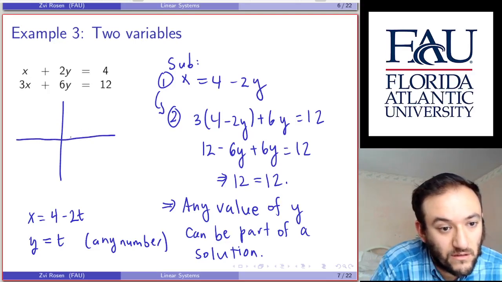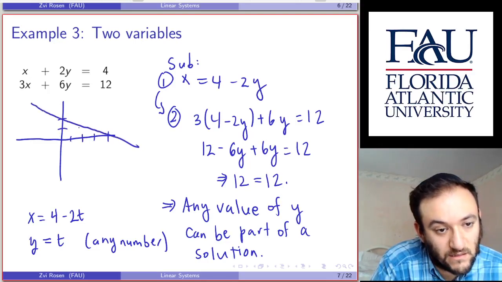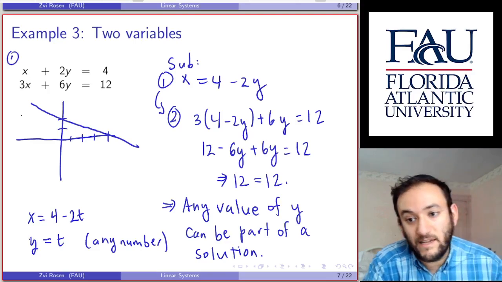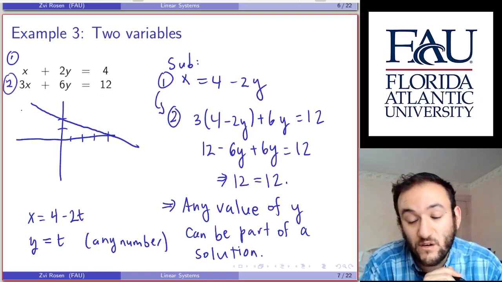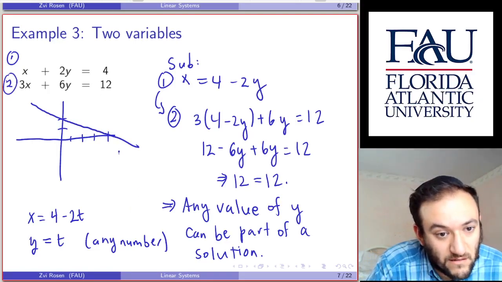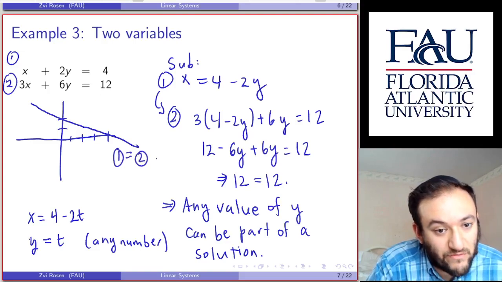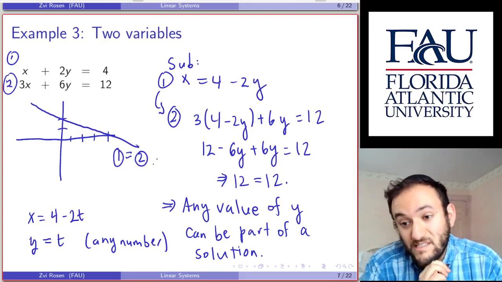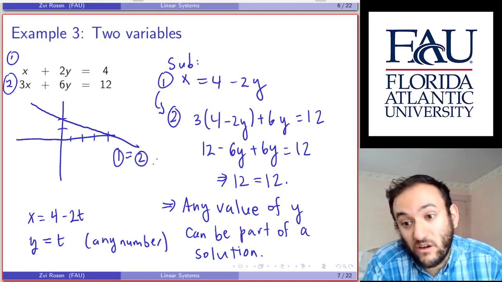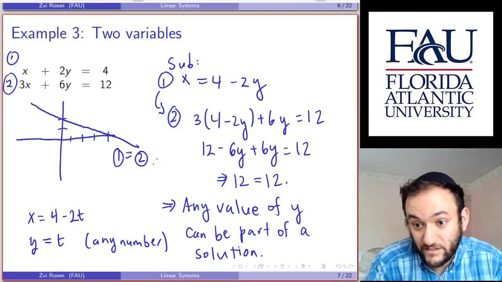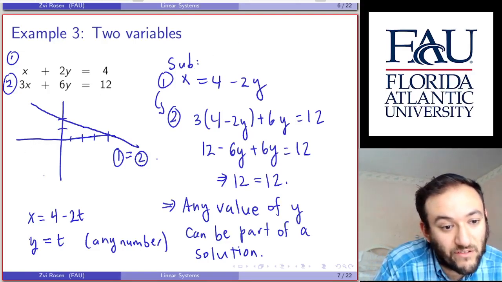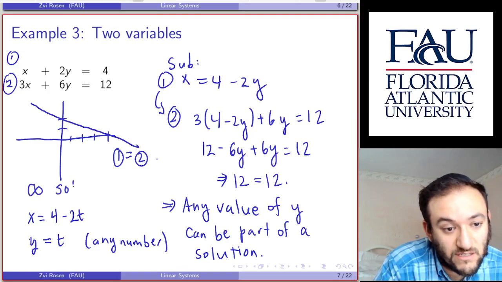So this is the line corresponding to equation 1. And it's not hard to see that it's the same line which corresponds to equation 2. You just multiply both sides of the equation by 3. And when you have two equations describing the same line, that means that any point on that line will satisfy both equations. So any point is a valid solution, which means that here we have infinitely many solutions.